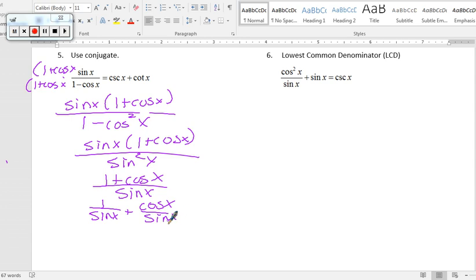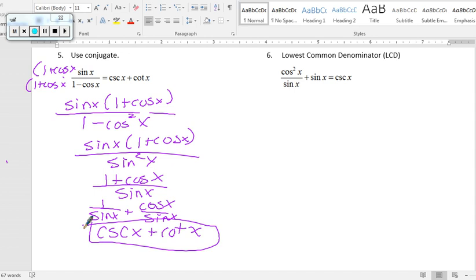And then with our reciprocal identities, 1 over sine x is the same thing as cosecant x. Cosine over sine is the same as cotangent x. Again, establishing that identity.